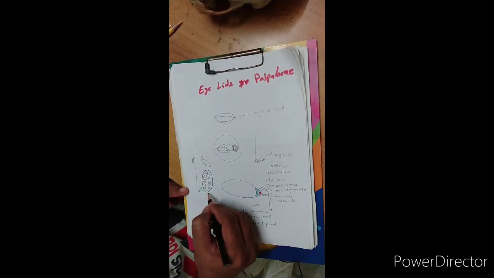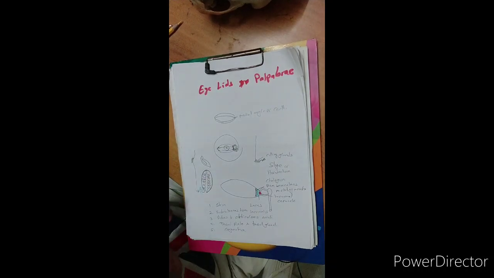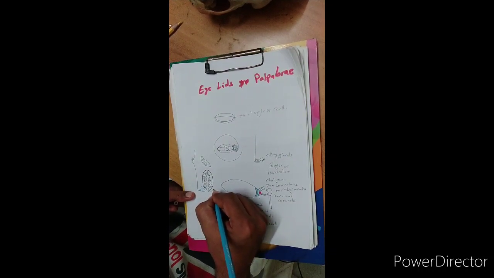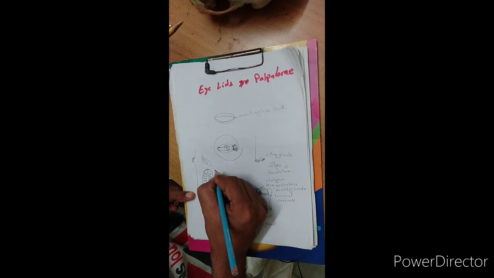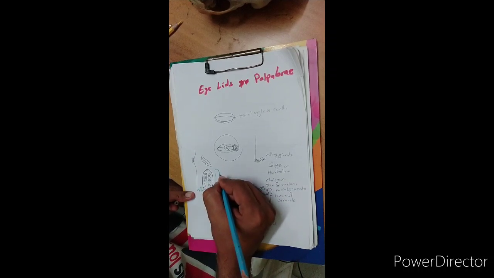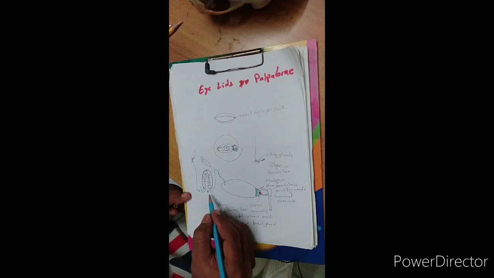Suppose this is the conjunctiva here, it continues with the conjunctiva. So the skin is continued with the conjunctiva at the lid margin.